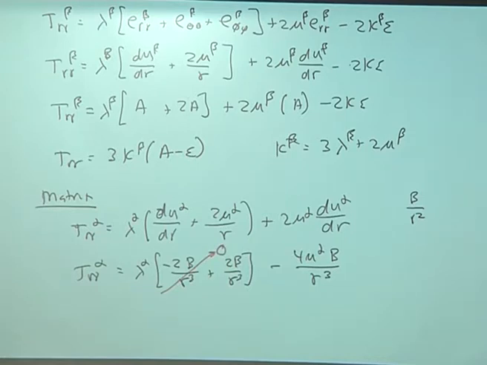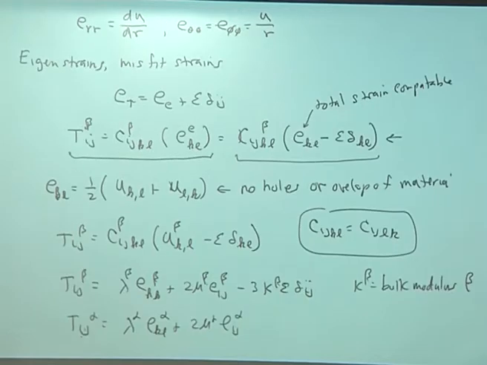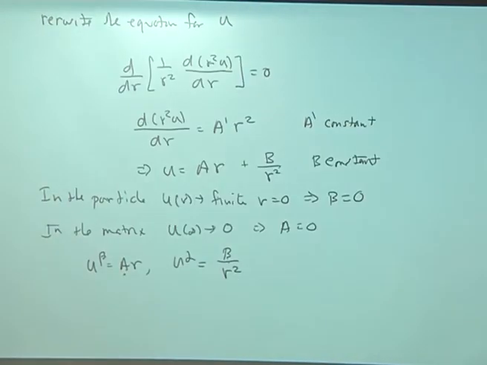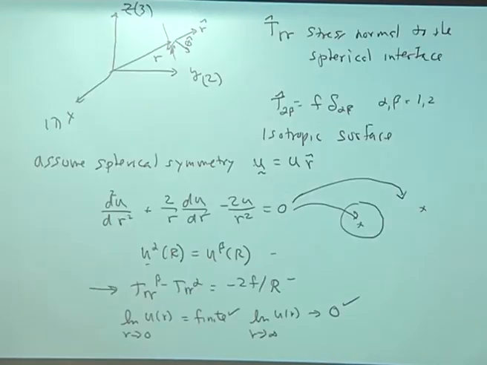And so you have TRR evaluated at the surface of the particle. It's just given by minus 4B mu alpha over R cubed. And so notice the trace of the stress, the trace of the strain disappears here. And so now you can put this into this condition here.